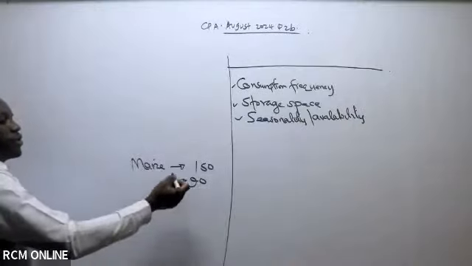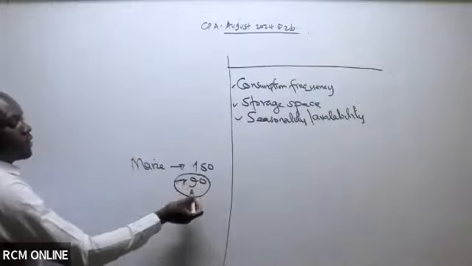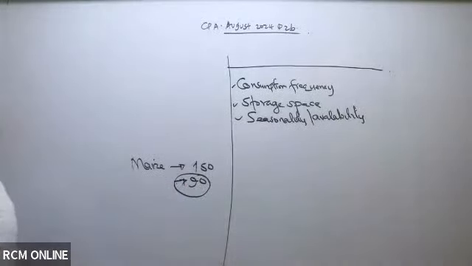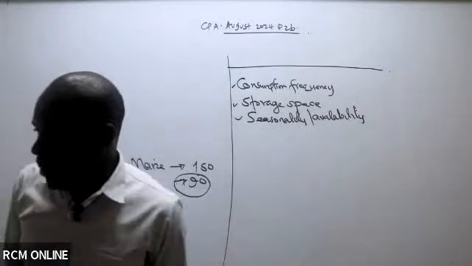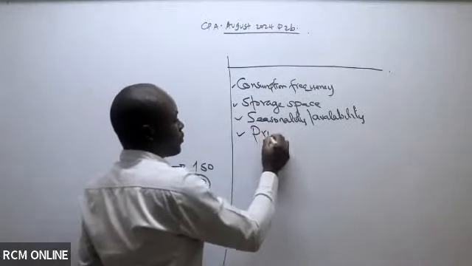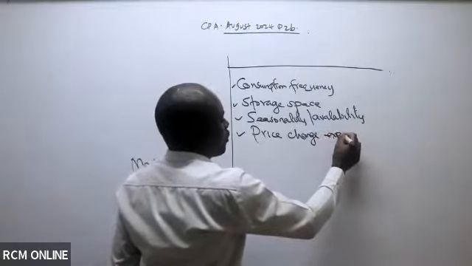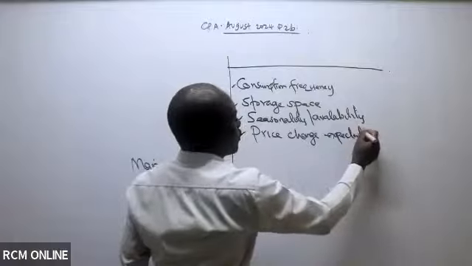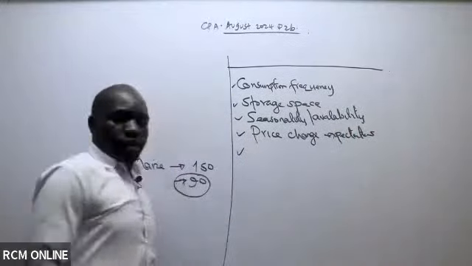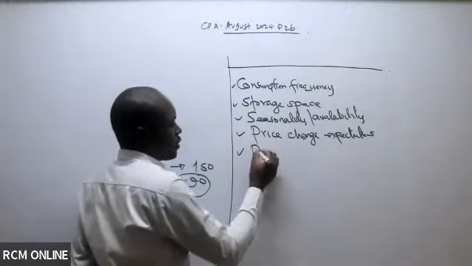So if you have the capability of acquiring more of this during this particular time, then of course you can have more units. Price change expectation, thank you. Price change expectations, right? Nature of product, perishability, right?